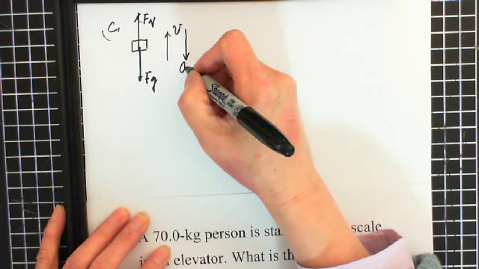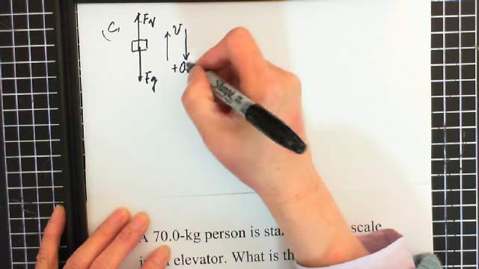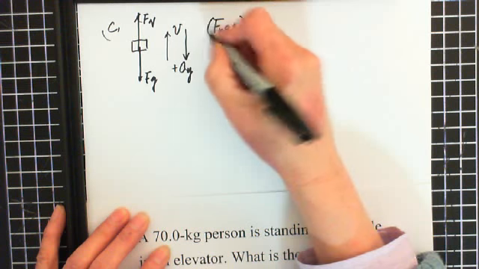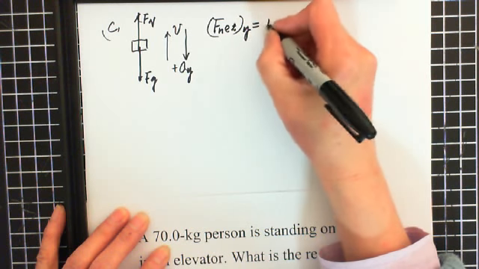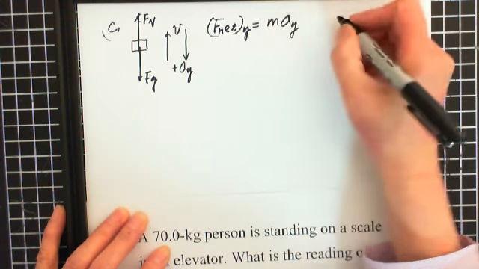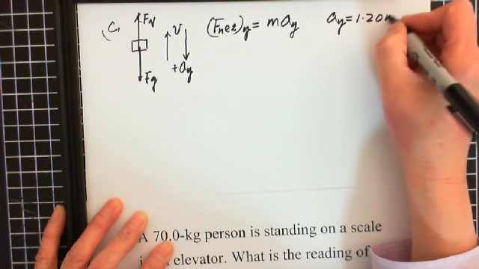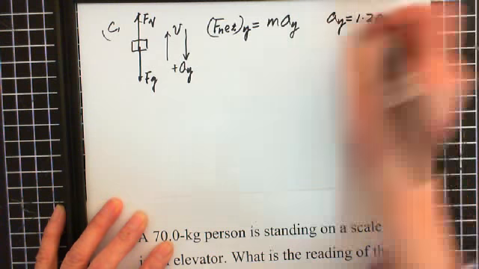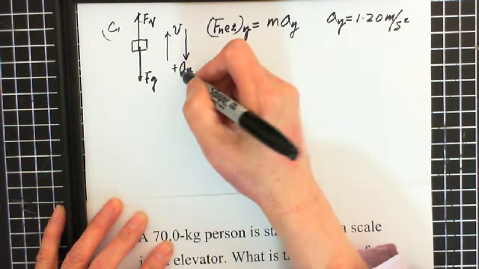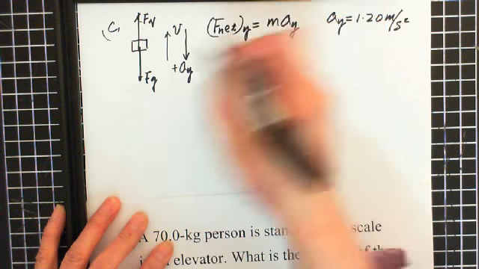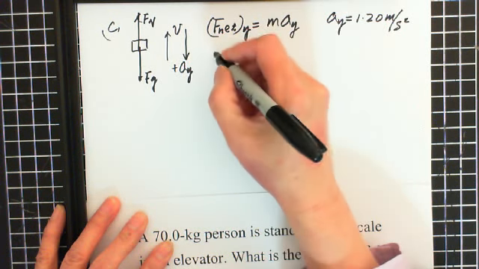We follow the direction of acceleration, so downward is positive. Net force in the y direction equals m a_y, and a_y equals 1.2 meters per second squared.